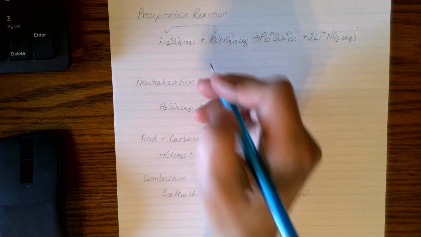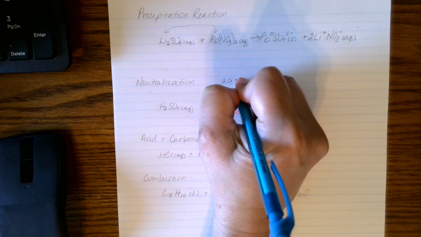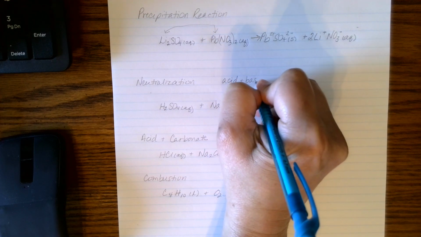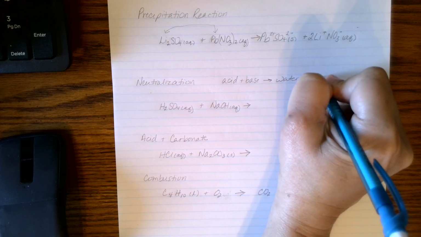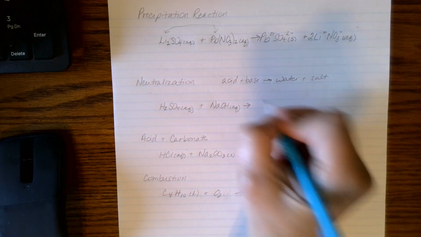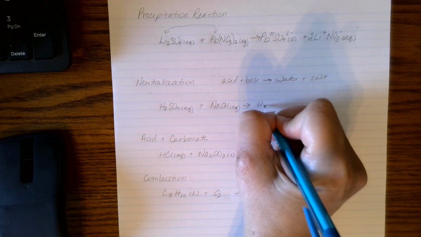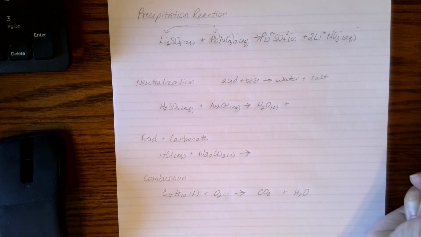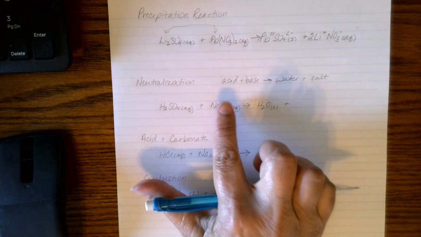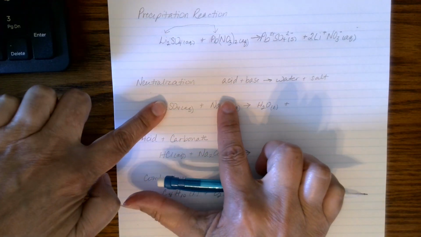Okay, for a neutralization reaction, this means an acid plus a base makes water and a salt. So I have to make water. Water is H2O. Water is a liquid. Now the salt is whatever things are not the H's and the OH's.